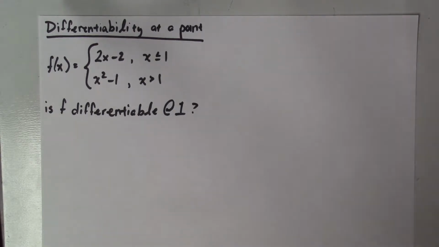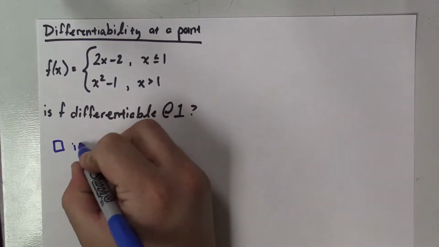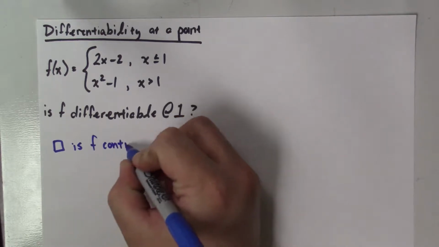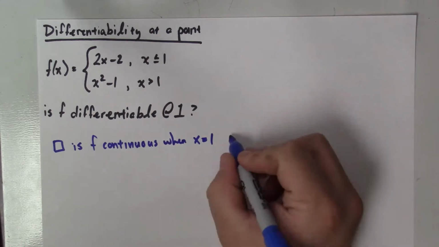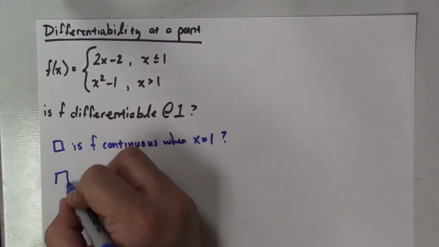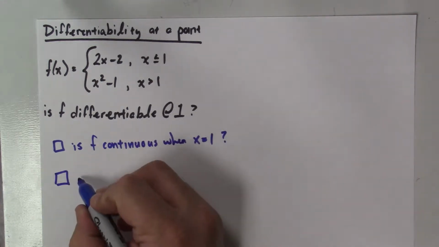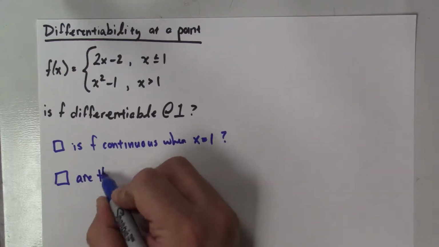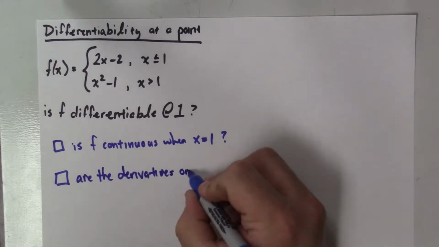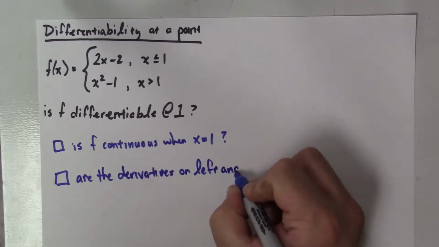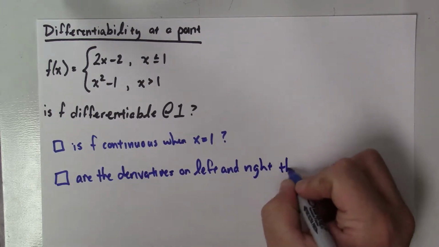I want to work through our process and create a real quick checklist for what we're going to do. Number one, is f continuous when x is 1? Number two, are the derivatives on the left and right the same?